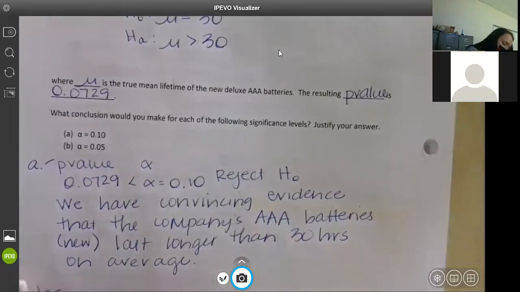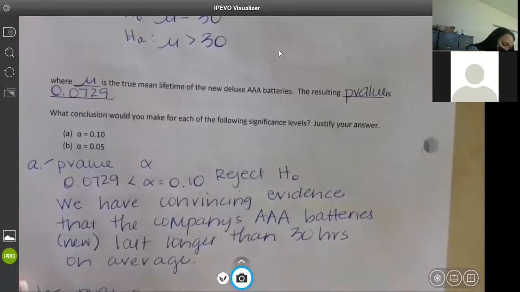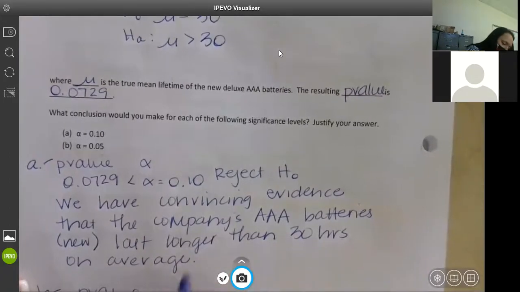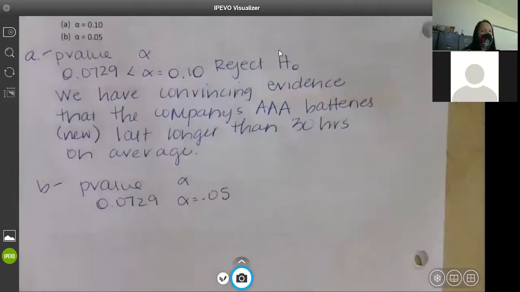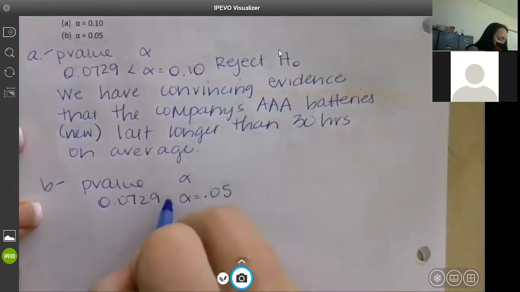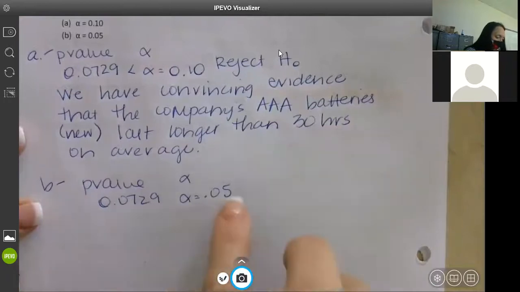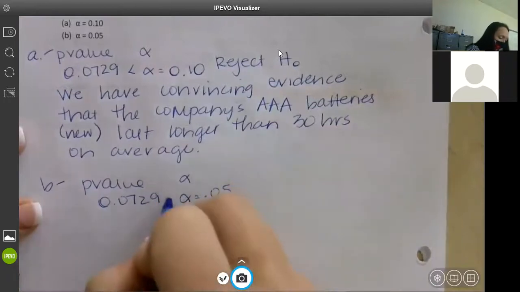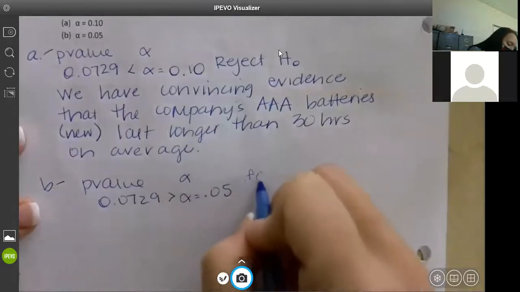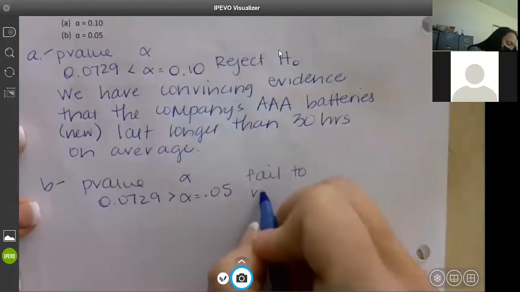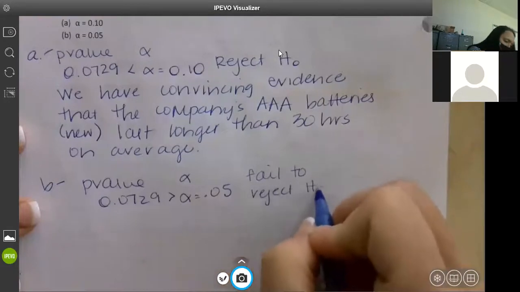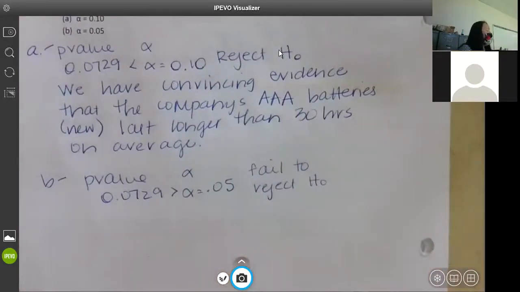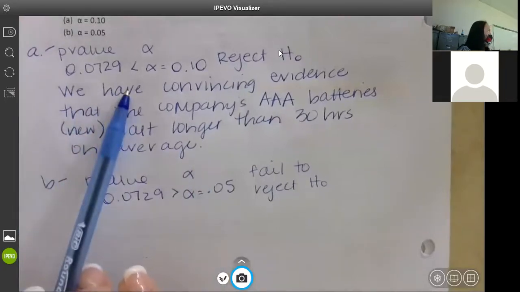All right, but what if we test the p-value of 0.0729 against the alpha of 0.05? What if we test it that way? What comparison symbol am I going to use? How does 0.07 compare to 0.05? It's greater than. So that means we fail to reject. It is the same sentence, except we do not have convincing evidence.